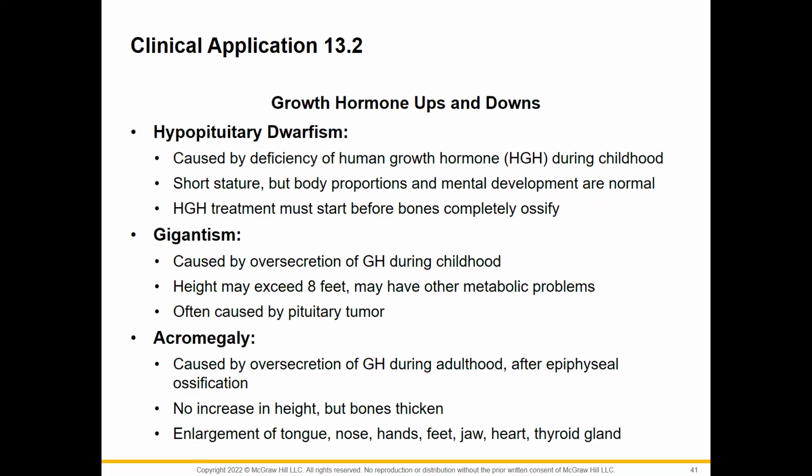So let's talk about this clinical application. This is what happens when you have too much or too little growth hormone. This is going to be an example of what can happen if you don't have that tight regulation of these hormones in the body.